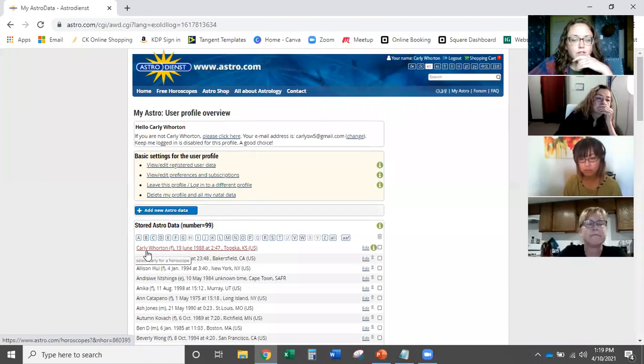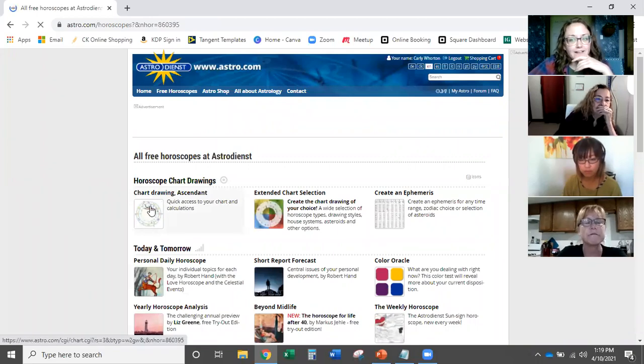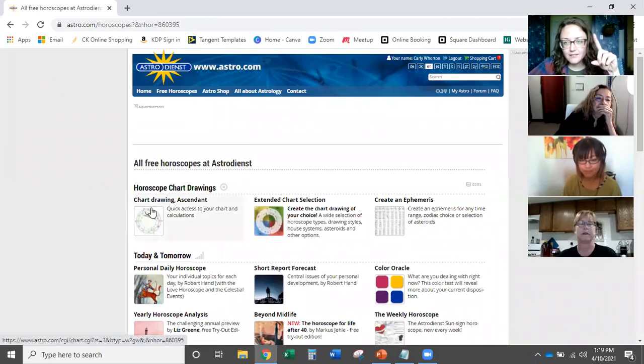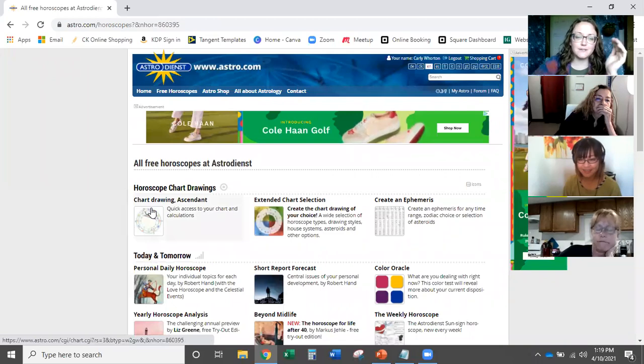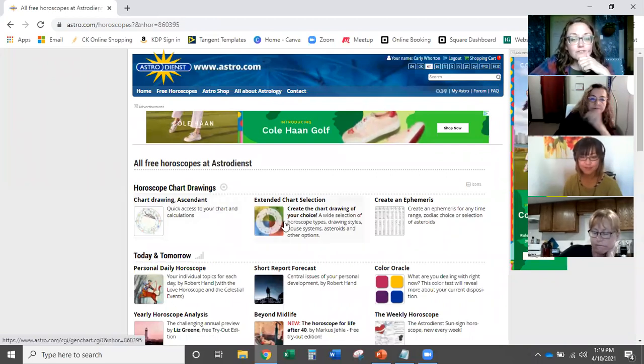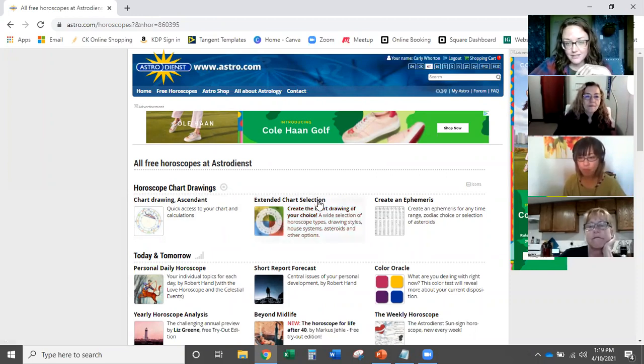If I want to pull a chart, I click on the name. For a long time, when I very first started, I only ever clicked on this first option. It's a one click, get a chart, get in and get out, no additional options. So it's super easy, especially for beginners. Once you start figuring out there's some cool stuff you can do if you really want to dig into the options, that's what extended chart selection is for. And that's where I go to now.